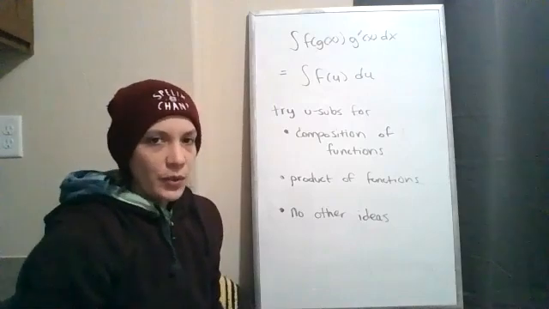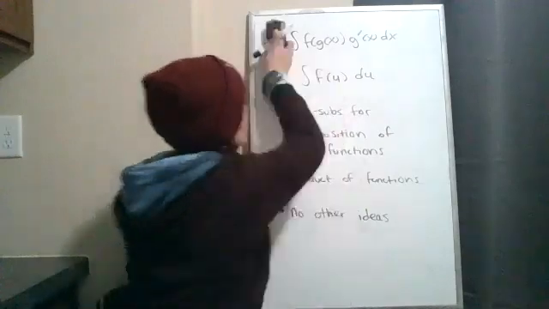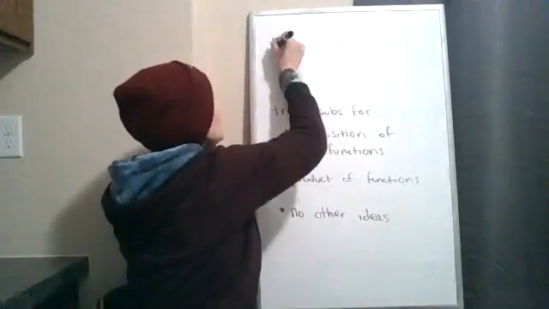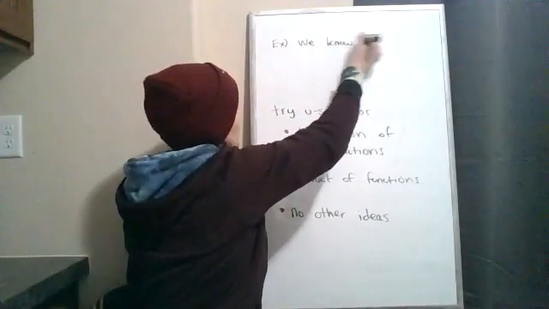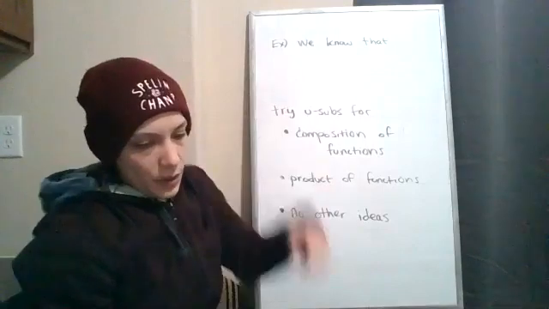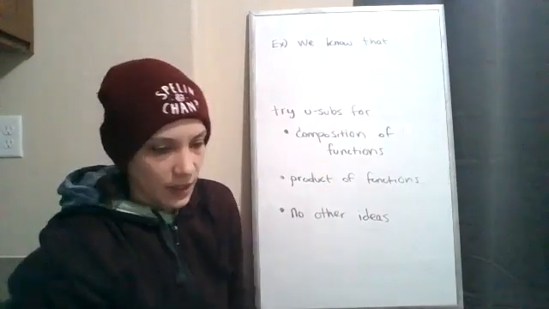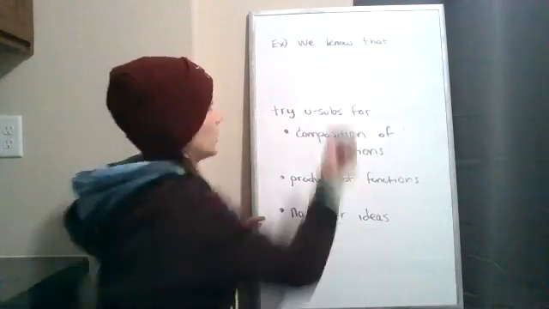So the first example, we'll start with some side work. Let's do this. Okay, so we have f of x equal to sine of x to the fourth.